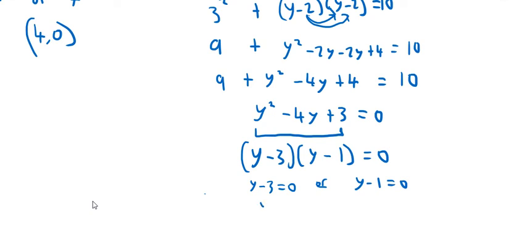If y - 3 = 0, then y = 3. If y - 1 = 0, then y = 1. So I'm going to get two points. Back at the start, I subbed in 0 for x, therefore my x value is 0 and my y value is 3. And for the second point, my x value is 0 and my y value is 1.